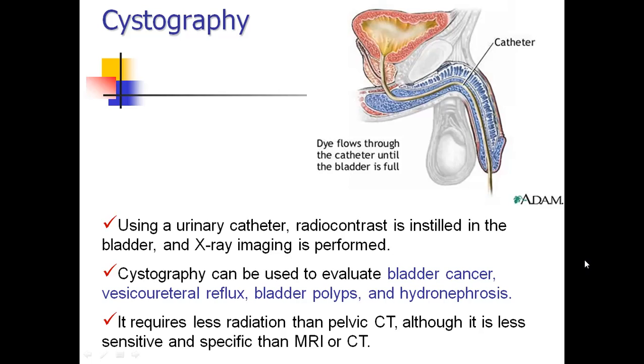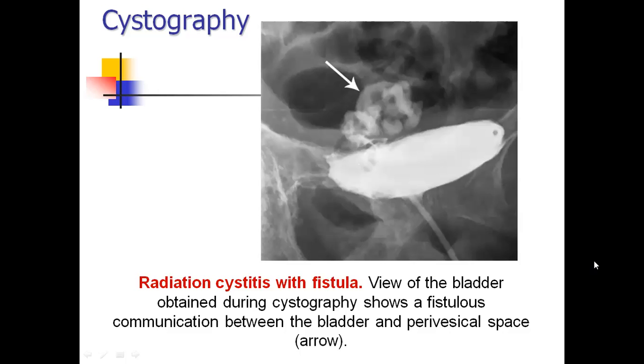Cystography can be used to evaluate such pathologies as bladder cancer, vesicoureteral reflux, bladder polyps, and hydronephrosis. It requires less radiation than pelvic CT. Of course, it's an advantage of this technique, but also it's less sensitive and specific than MRI or CT. MRI or CT can give us much more information.